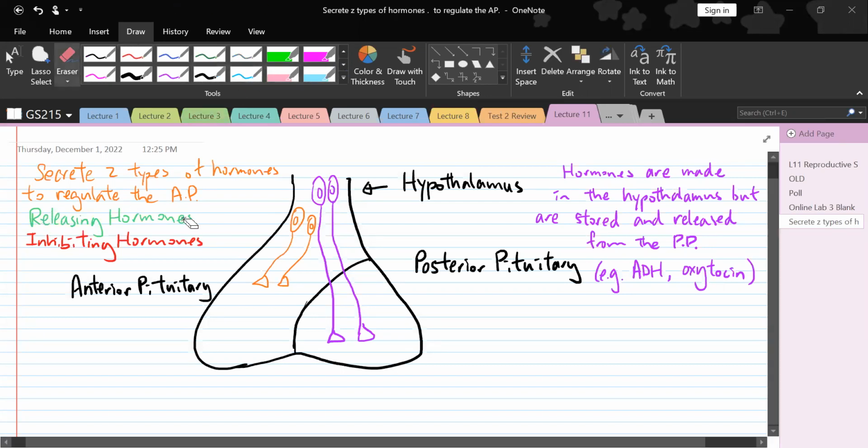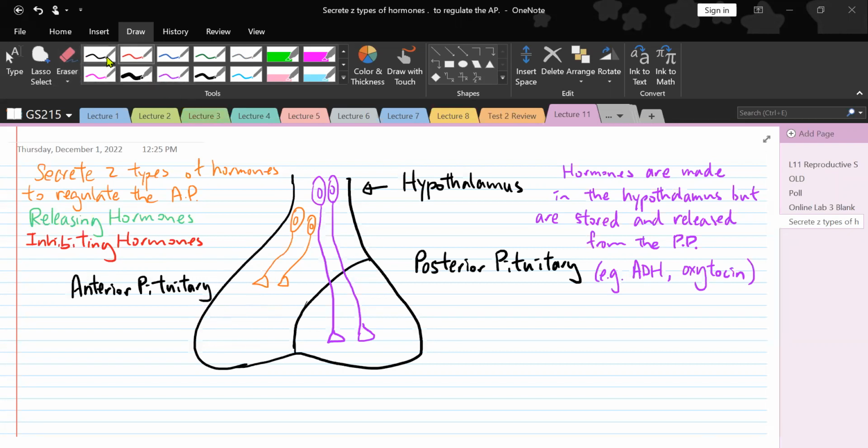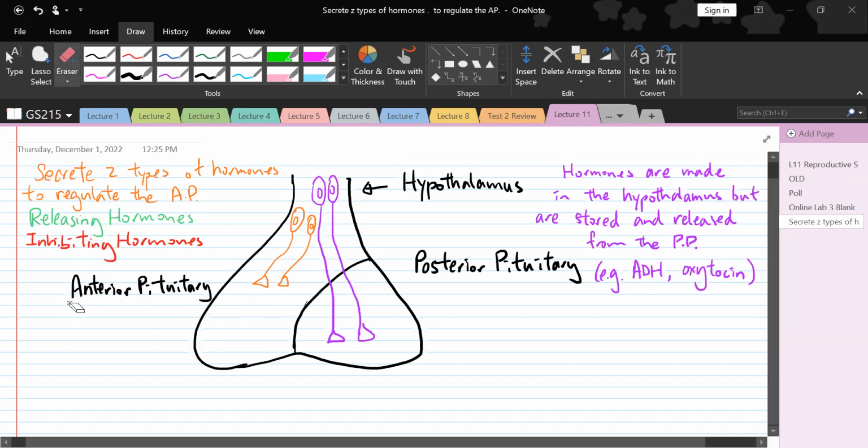When a releasing hormone is released from these neurons, it will allow the anterior pituitary gland to release another hormone. If the neuron releases an inhibiting hormone, it will prevent the anterior pituitary gland from releasing a hormone. So whether or not the anterior pituitary gland can release a hormone depends on whether the hypothalamus is releasing a releasing hormone, like a green light, or an inhibiting hormone.